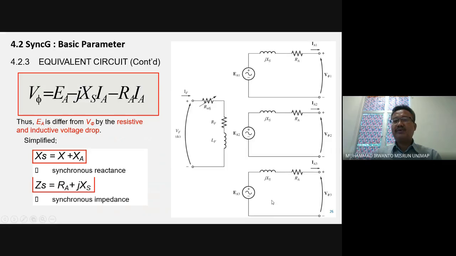But if you want to draw the equivalent circuit of the three-phase generator, it can be drawn like this.